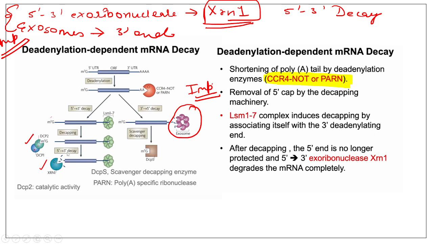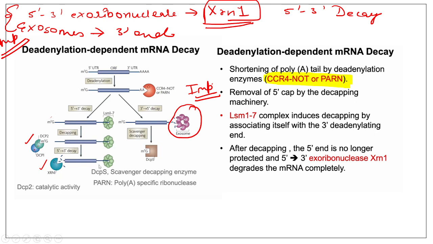This means that in one mRNA, both LSM1 and XRN1 are present. Whichever mRNA is marked for decay, that mRNA should have both XRN1 and LSM1 present on it.